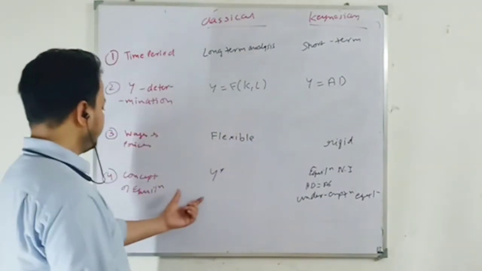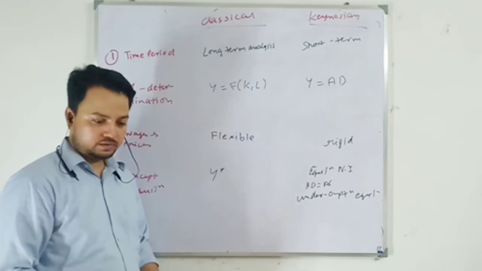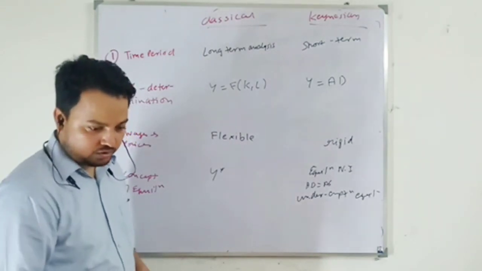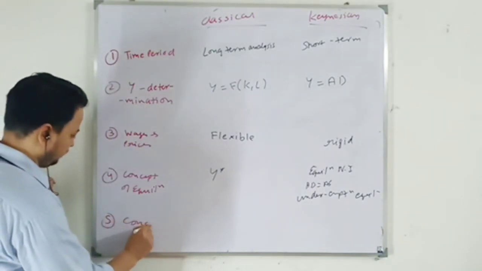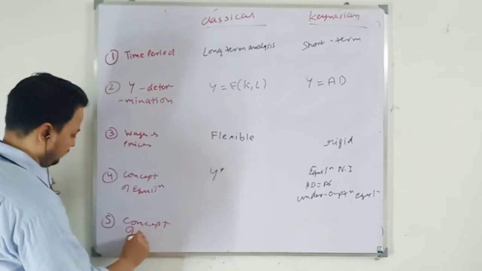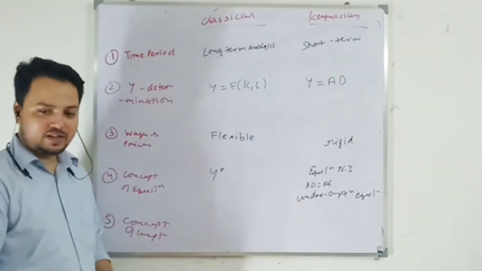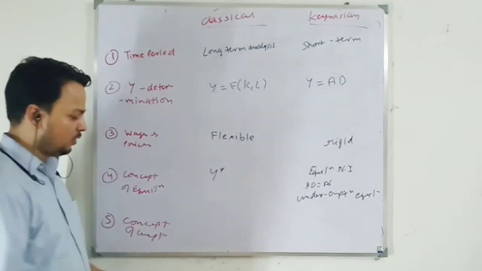In the classical case, okay, output is always at full employment level in the long run. Next, concept of unemployment. And this is very easy, we have done many times. Okay. Here you can have voluntary unemployment. Okay, that means at the going wage people are not willing to work.